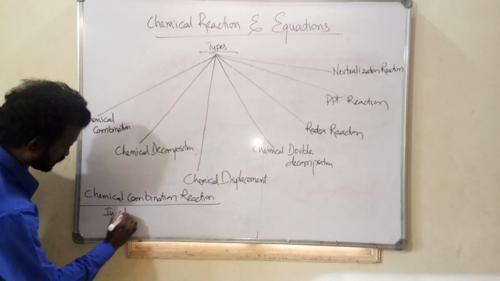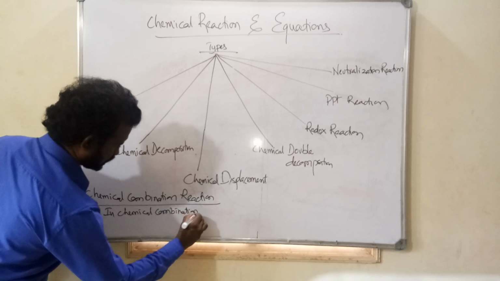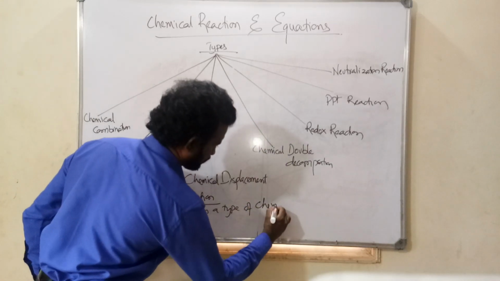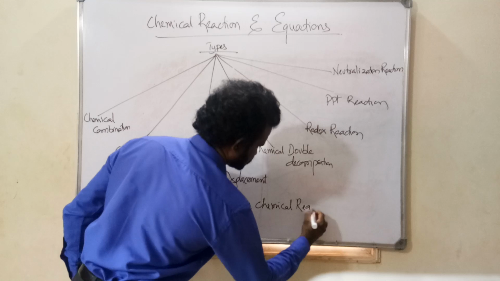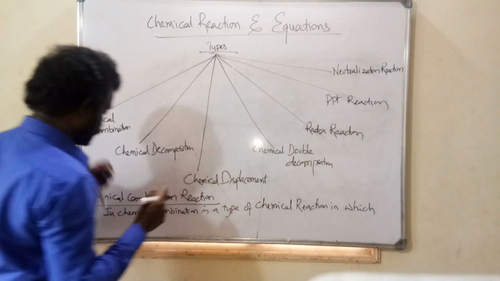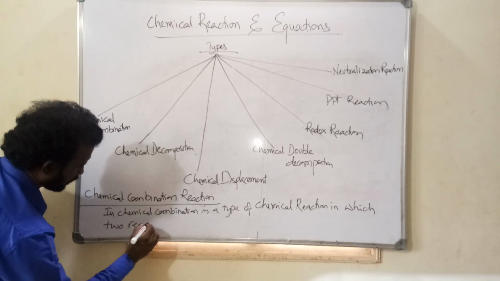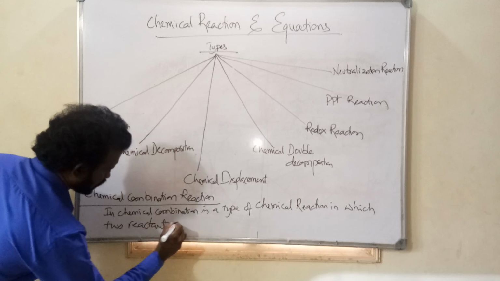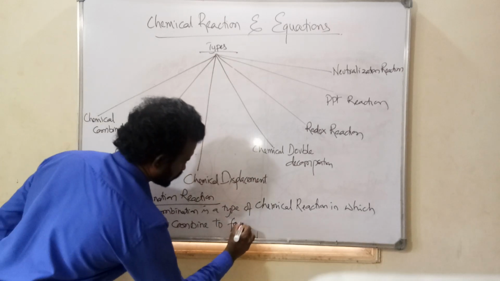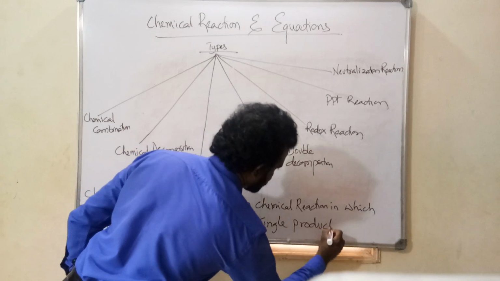A chemical combination reaction is a type of chemical reaction in which two reactants combine to form a single product. Single product. Is it clear?